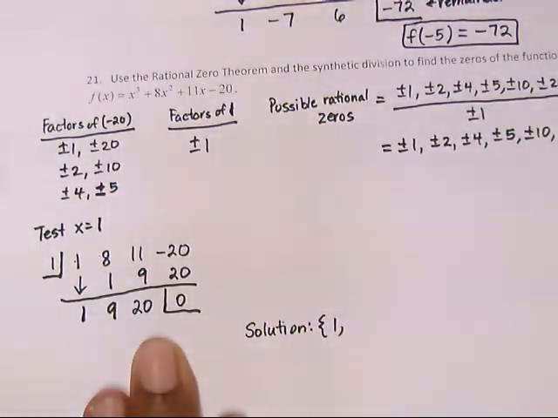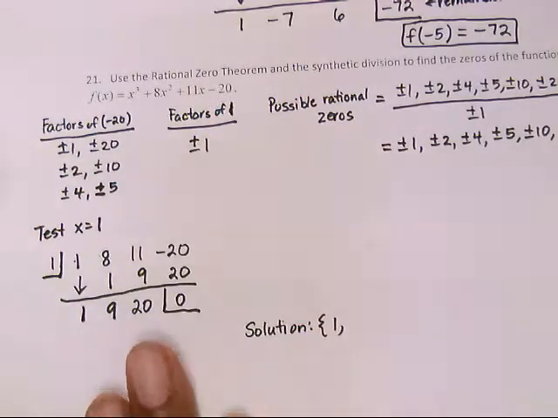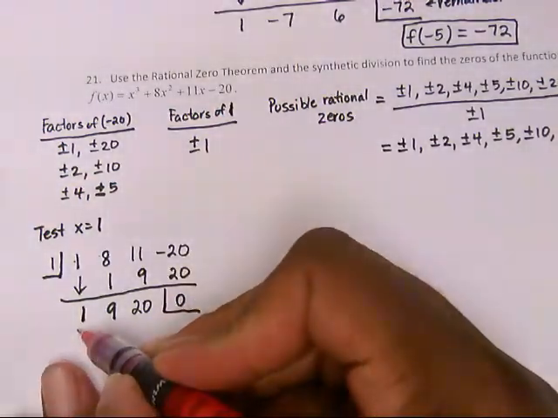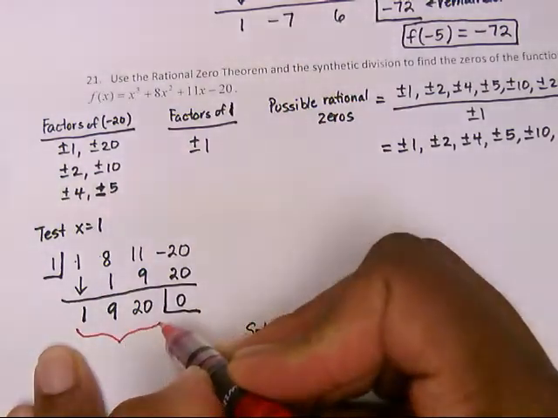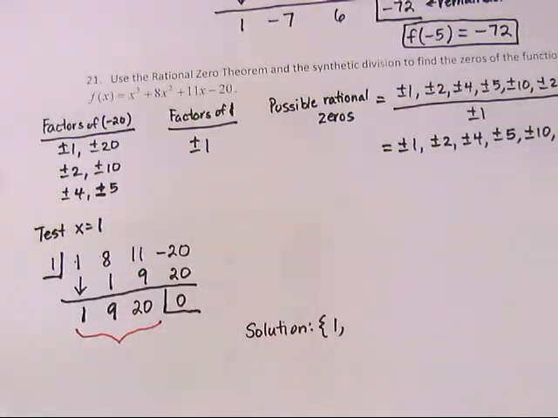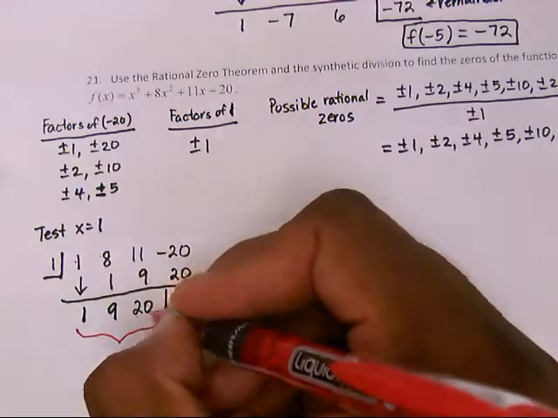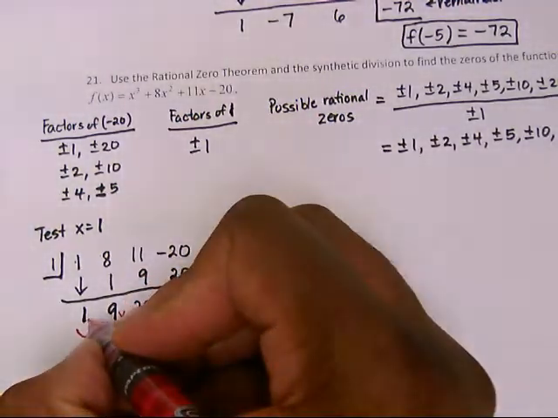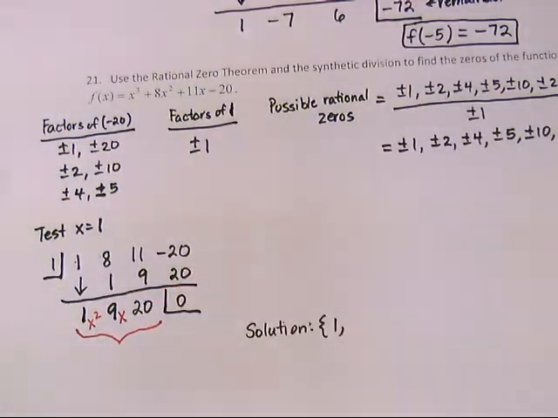Now to find the other zeros, this is what I'm going to do here. That quotient where I got the 1, the 9, and the 20, that's going to be my quotient here. That's what I'm going to set equal to 0 to find out what my other zeros are. Because here, the 20 is the constant, the 9 is the coefficient of x, this 1 is the coefficient of x squared.